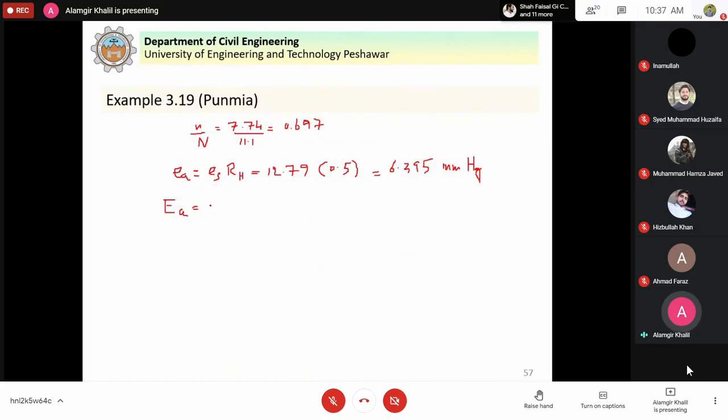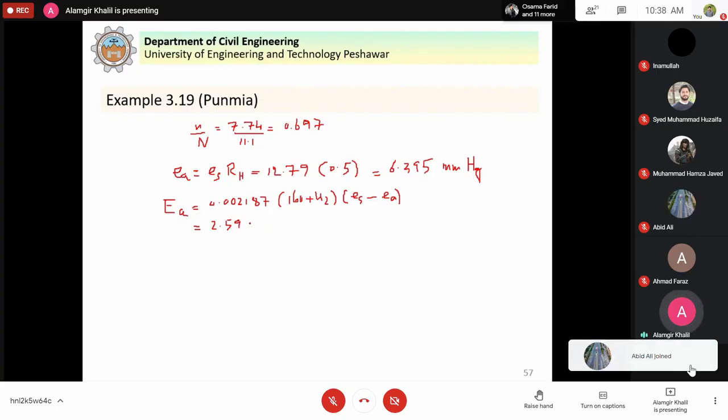Ea is equal to 0.002187 into 160 plus U2 into ES minus EA. This is the equation. So if you just plug in the values for all the parameters, this will be equal to 2.59 millimeter per day.